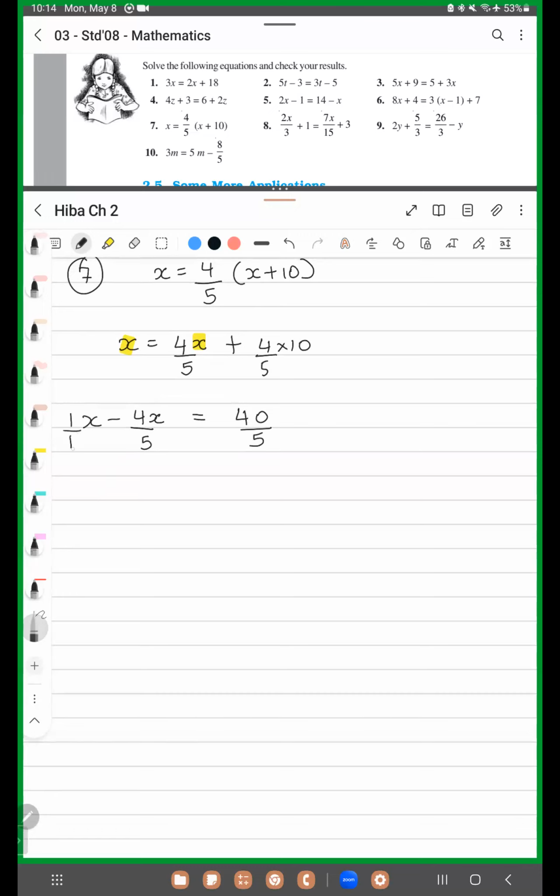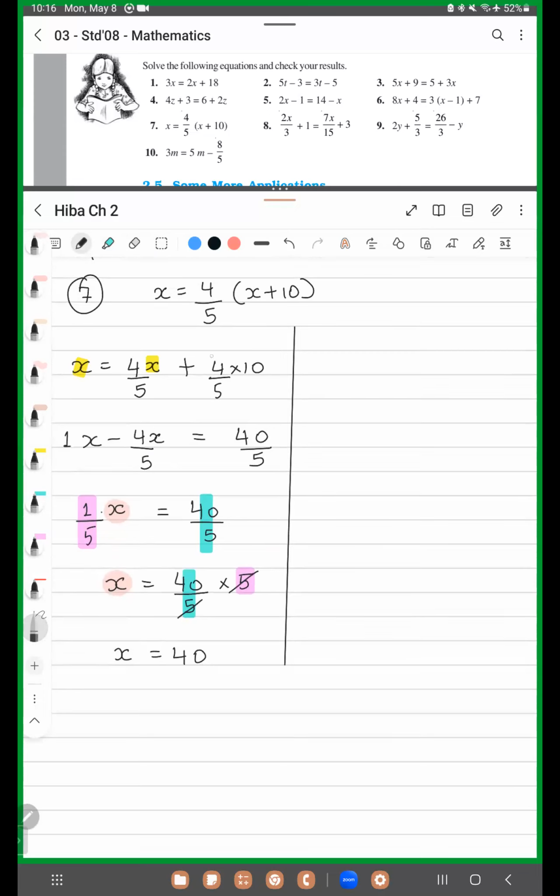Just a minute, Hiba. There is another way of solving this if you want to avoid the fraction part. See, Hiba, you can see this by 5, right? We can just send it over here because it is being divided.